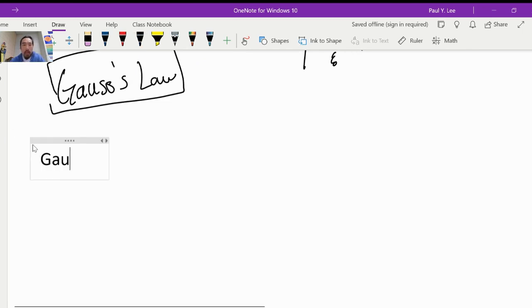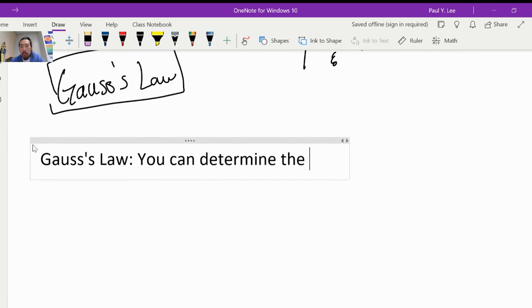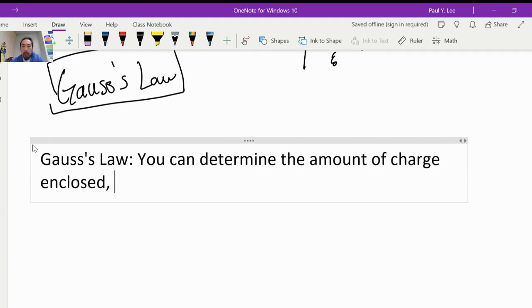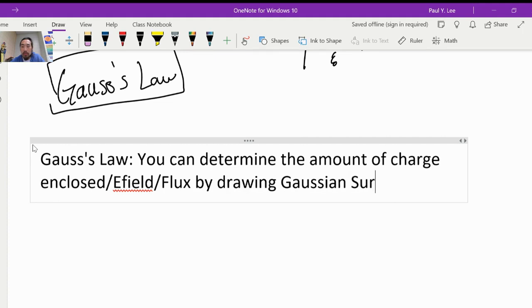So here we can say Gauss's law: you can determine the amount of charge enclosed, slash the E field, slash the flux by drawing Gaussian surfaces. So that's Gauss's law, and the best way to really represent this is from a little practice here.